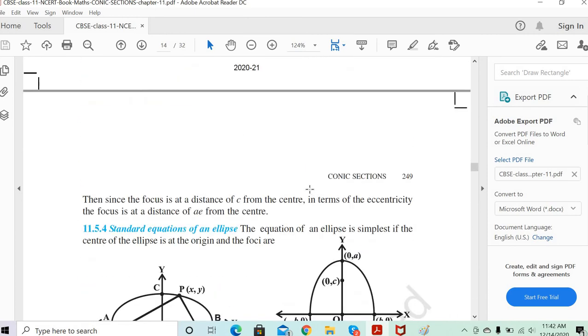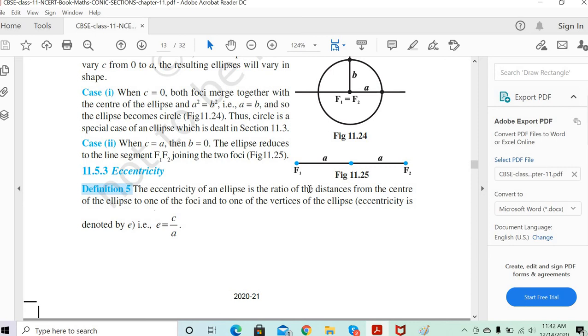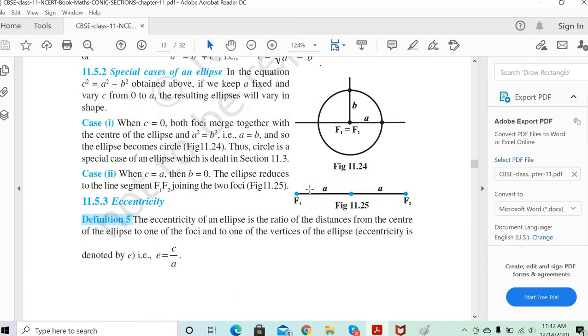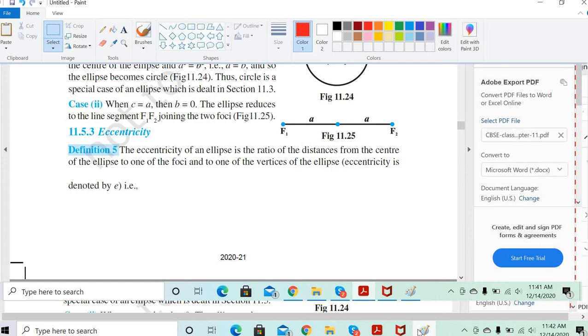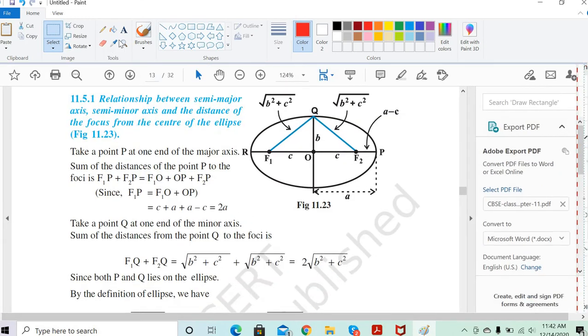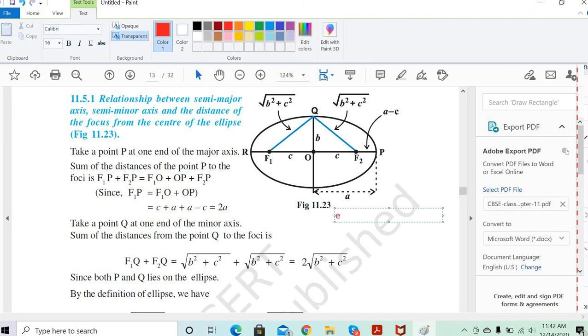So remember that e value is by default so in the ellipse case. I'll just write it and send it to you so that you can visualize the thing very clearly. So e is equal to OF1 divided by OR.